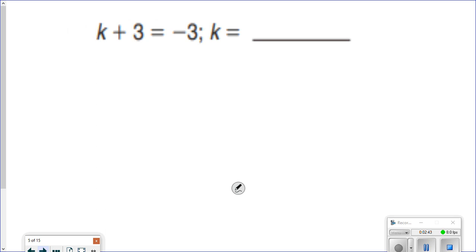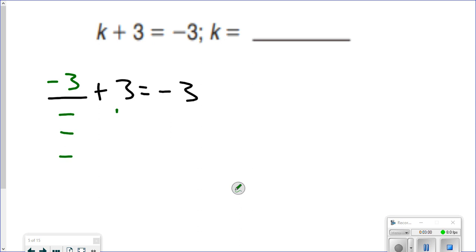Let's keep going here. K plus 3 equals a negative 3. So how would I get to the negative 3? Blank plus 3 equals negative 3. Well, if I just put a negative 3 right here, negative 3 plus a positive 3, they would cancel each other out, which means this number would have to be a 0.